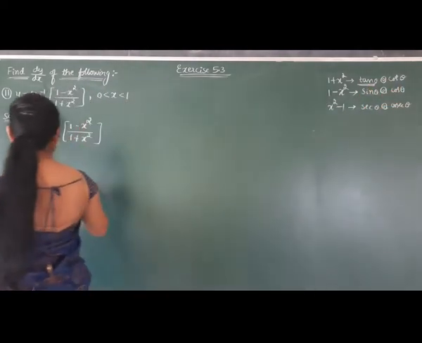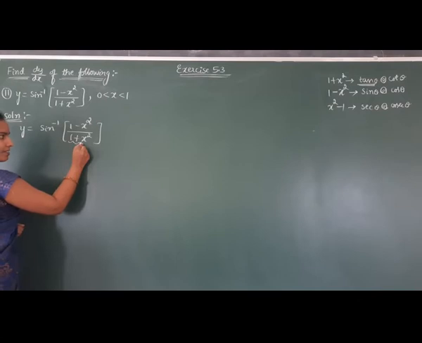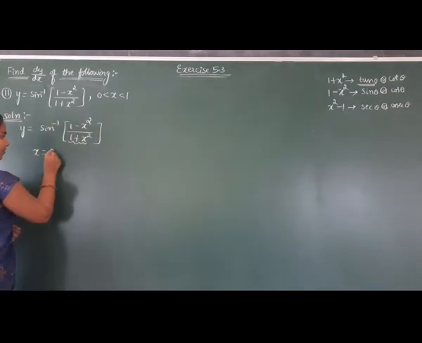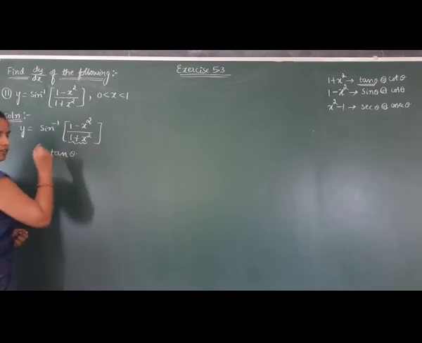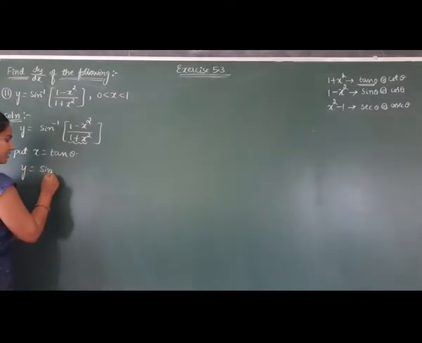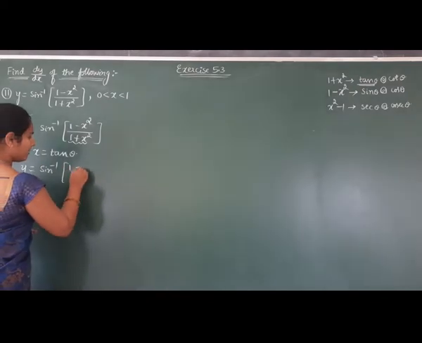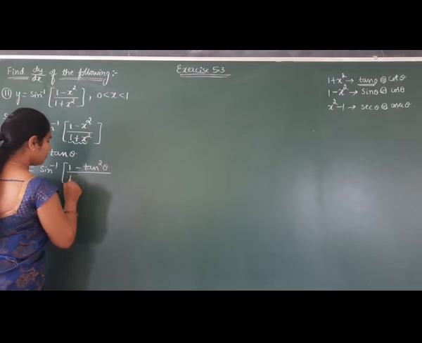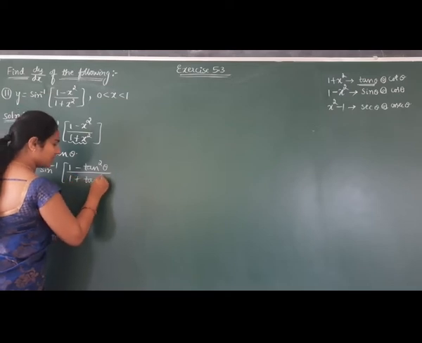So here it has 1 plus x square. So I will substitute x is equal to tan theta. Then we have y is equal to sin inverse of 1 minus tan square theta divided by 1 plus tan square theta.